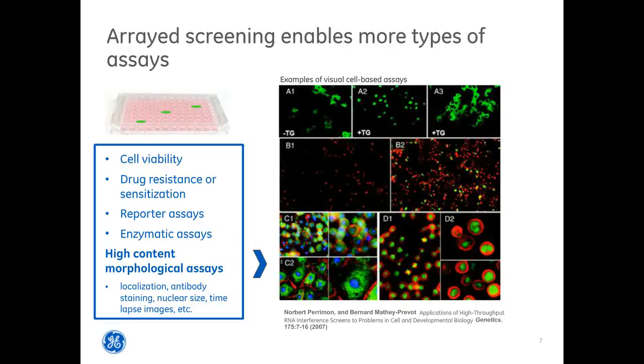So these sample images on the slide are taken from an article on high-throughput RNAi screening, and they really represent a lot of high-content assays like translocation of tagged proteins, analysis of nuclei size and shape, morphological changes, up and down regulation, or relocalization of a protein. And there's really more examples than what I can name here, but the point being is there are opportunities for multi-parametric and very complex biological questions to be addressed when you're working in a one gene per well format.